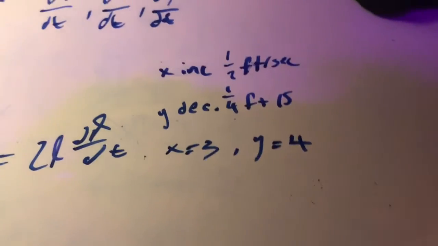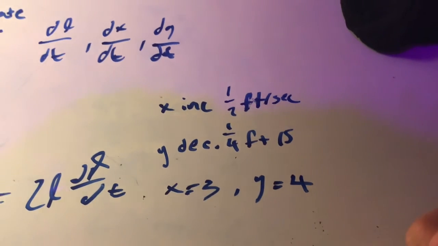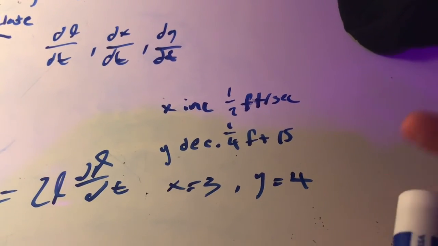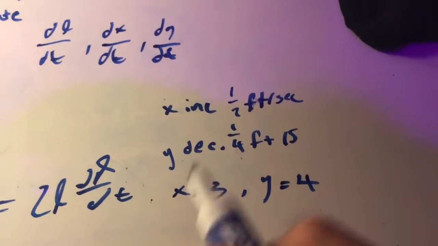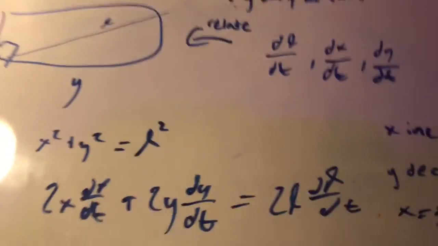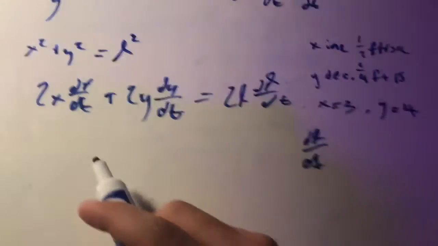So we have to figure out what unit that is. So the full size of the diagonal changing. So we're going to need the rate with all this info. So we're looking for dL over dt. Luckily enough, we already have a formula for that stuff. So let's just go ahead and start plugging stuff in.